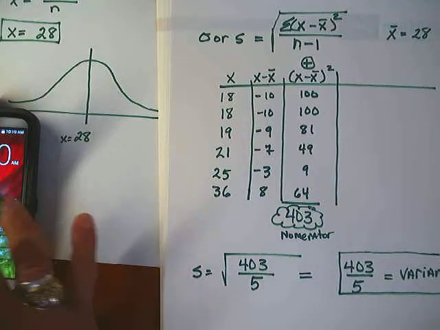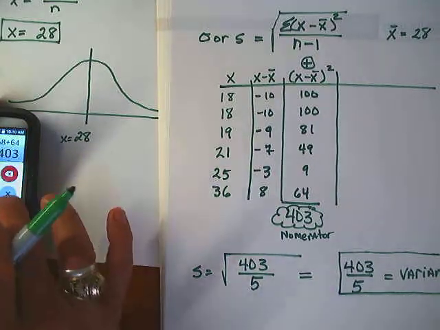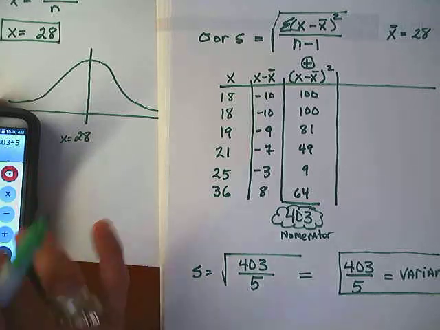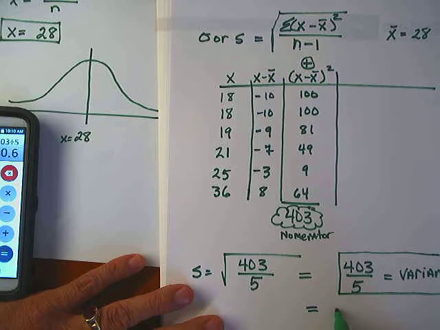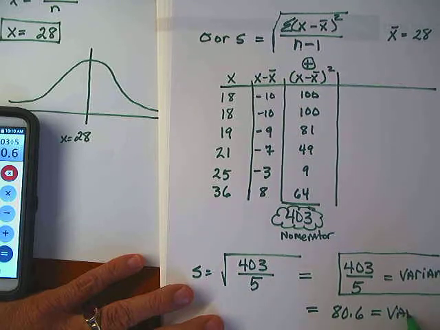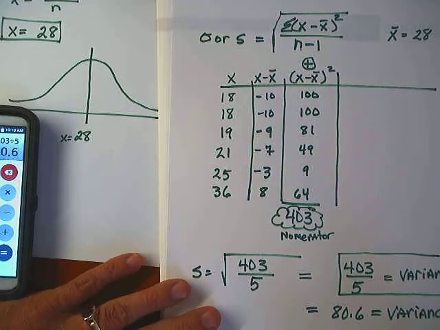It's used more in the second statistics course that we used to teach, but for this problem, I just thought I would make that note so you could put it in your notes. And 403 divided by 5 comes out to be 80.6. So our variance is 80.6.